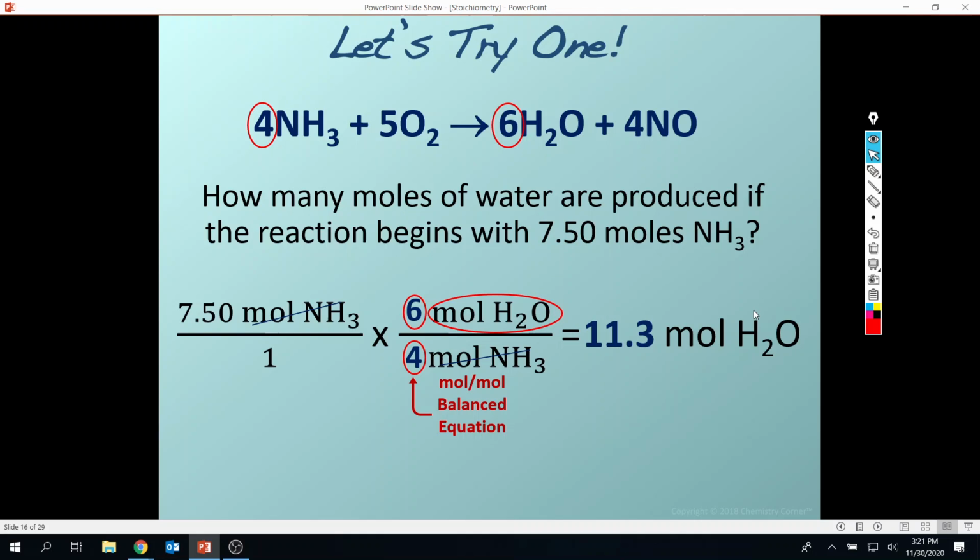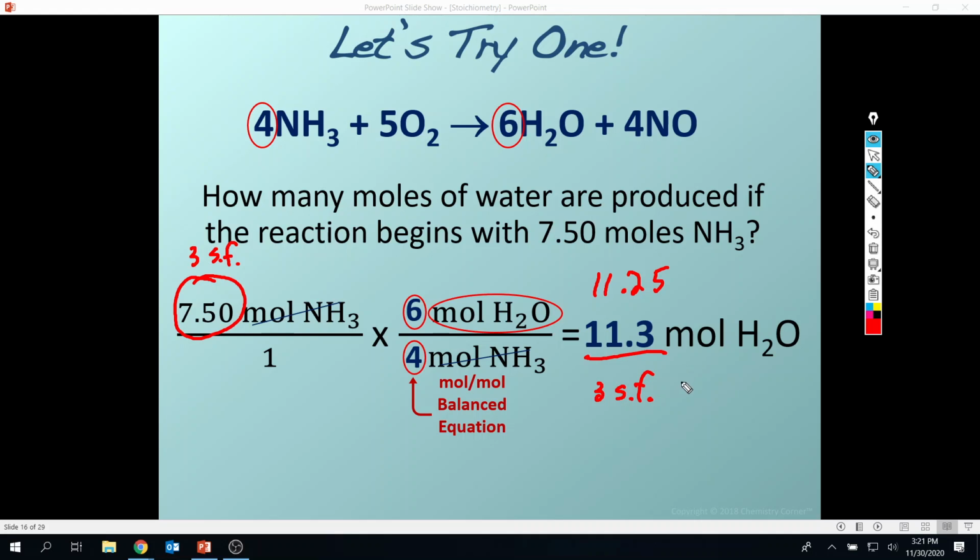Oops, except, oh, that's a curveball. What? 11.3. Well, we put 11.25. Isn't that the same? No, because, oh, significant figures. There are 3 sig figs, which means that we need our answer to have 3 sig figs.